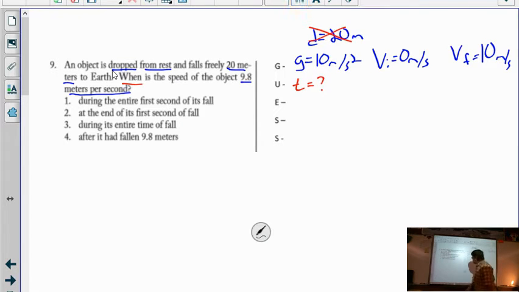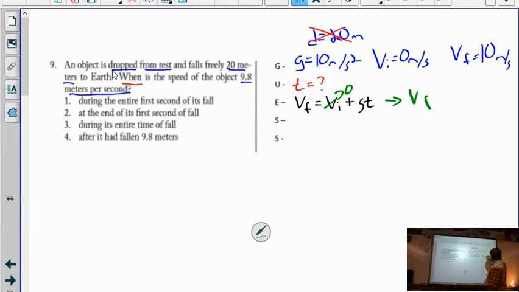And so as I use my equation here, I'm going to say that VF equals VI plus GT. And as I go to substitute in, I will see that my VI is 0. And so really I have VF equals GT.